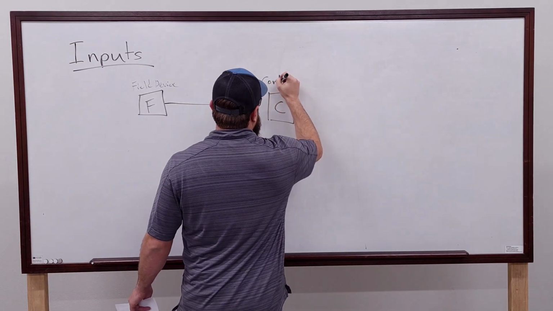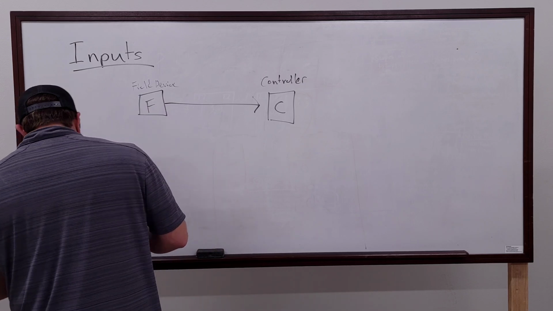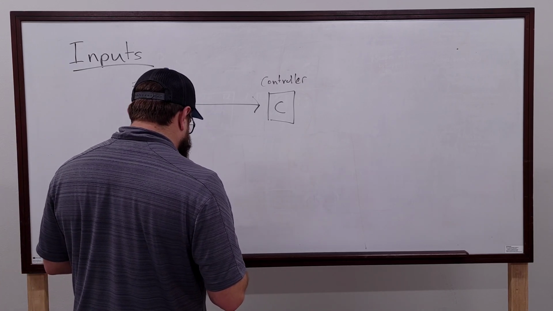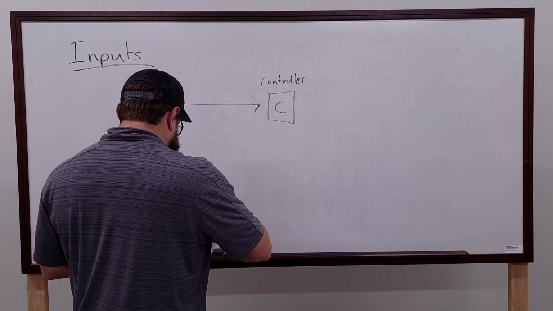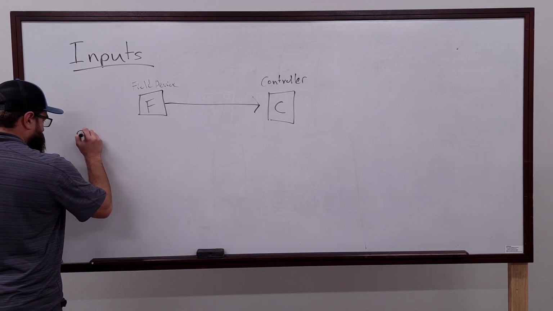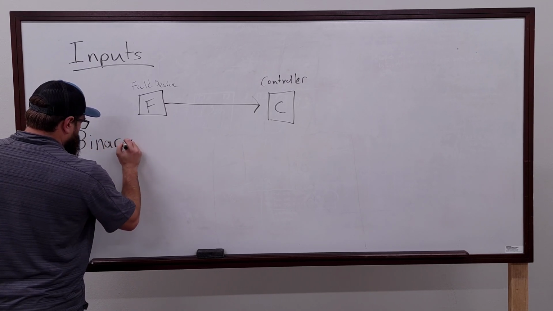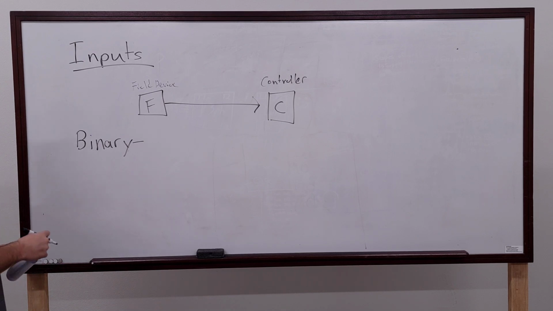To the controller. All right. So there are two types of inputs we can have. There are binary.